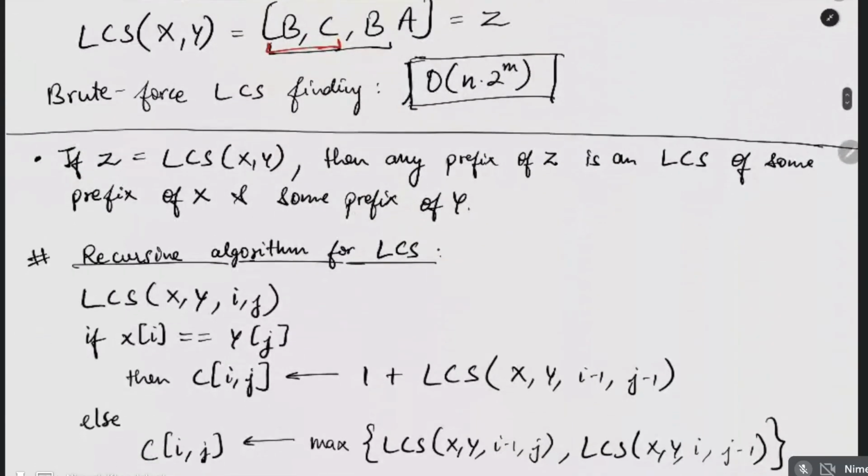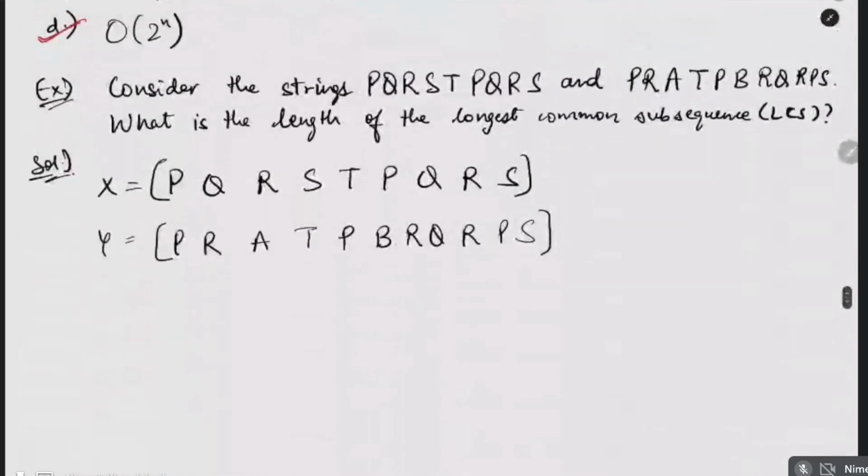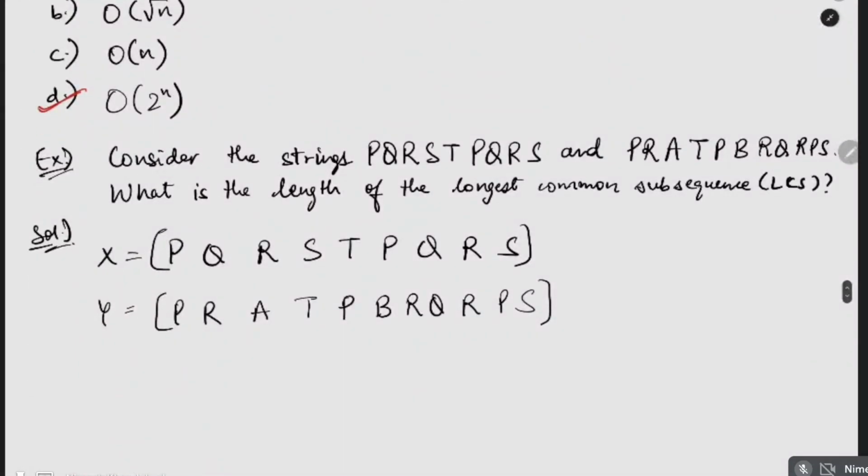Yes, the solution of the prefix of both x and y is a prefix of the final solution. So for the brute force algorithm, again, we start by looking at the prefixes of both x and y. So when we try to do that, we start by matching all these, Q, R, S.